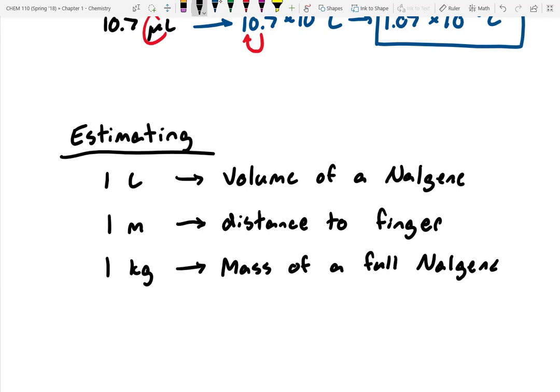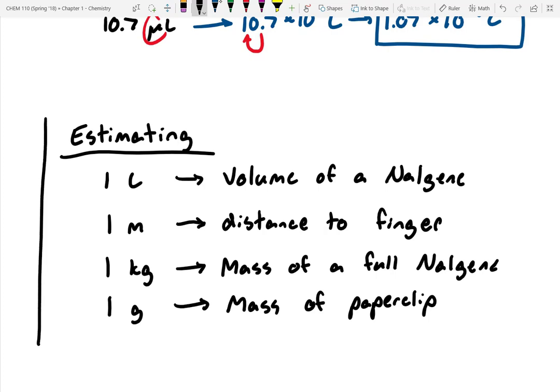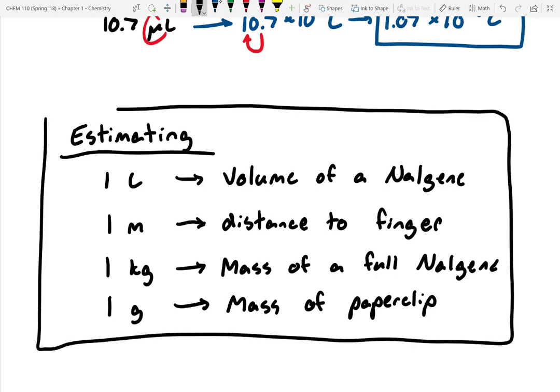All right, and then 1 gram is about the mass of a paper clip, assuming it's a small paper clip. So for example, if you said, oh, this table weighs 1 gram, you'd be way off. You'd want to estimate a little bit more accurately than that. So estimating tools are pretty useful. Does that make sense?